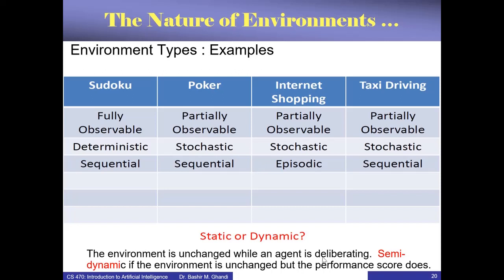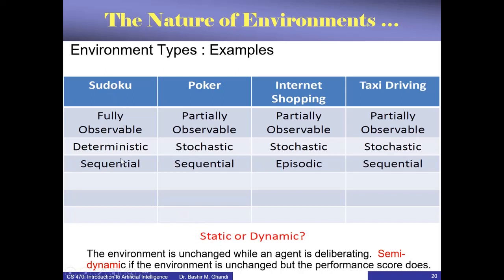The question is, while he is still trying to decide what action to take, will the environment change or not? That determines whether the environment is static or dynamic. Sometimes the environment may not change, but his score may change while he takes more time trying to decide. That is called semi-dynamic, but we're not concerned about that here. We just want to decide, is it static or dynamic?